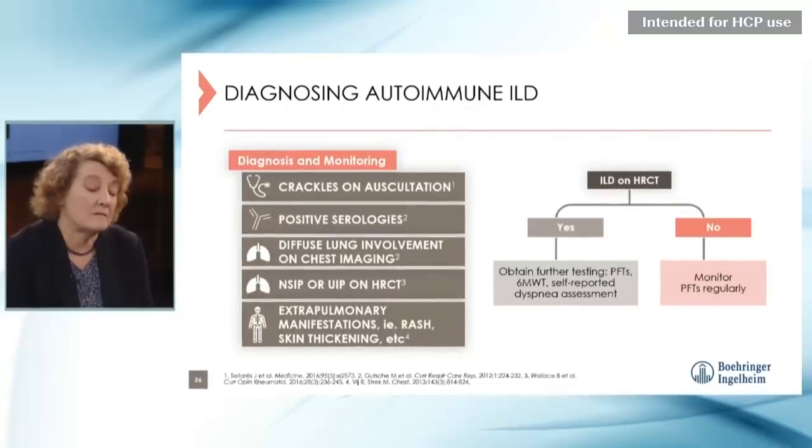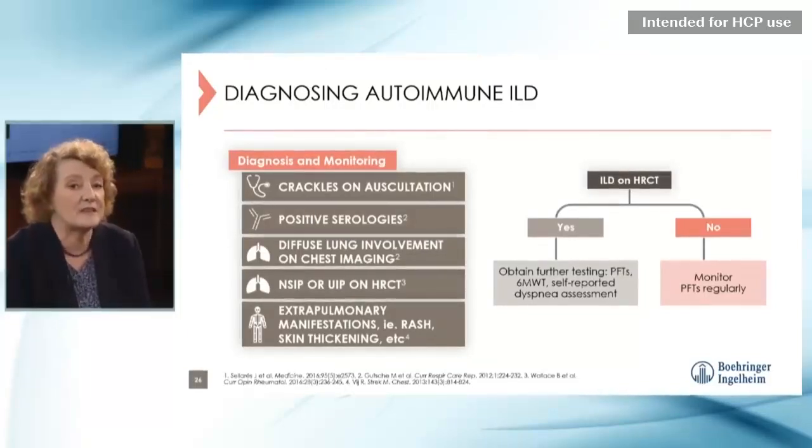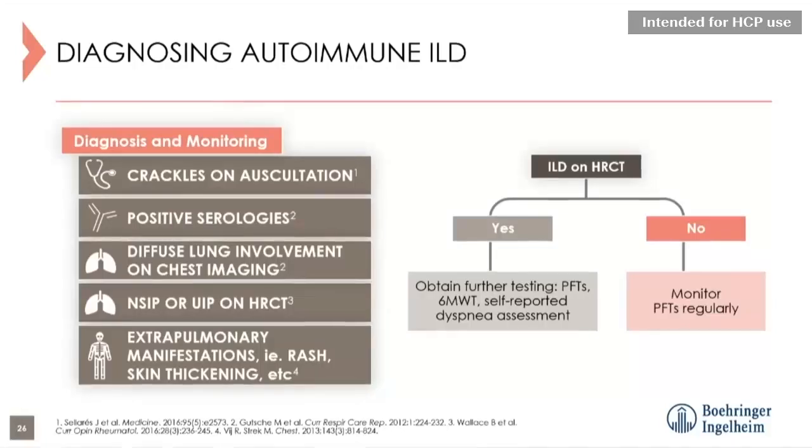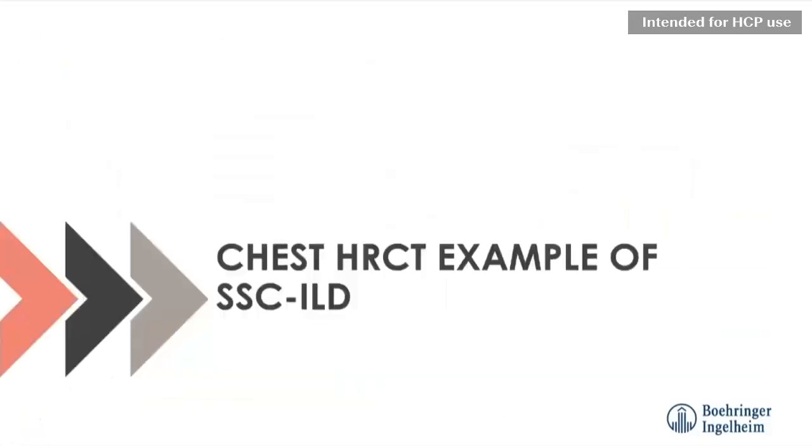It can be either NSIP or UIP, or it can be other forms of features as well. And they often will have extra pulmonary manifestations related to their autoimmune disease. So if you feel like you have autoimmune disease, you get your pulmonary function test and you do your HRCT. So I think we're going to do some cases here.